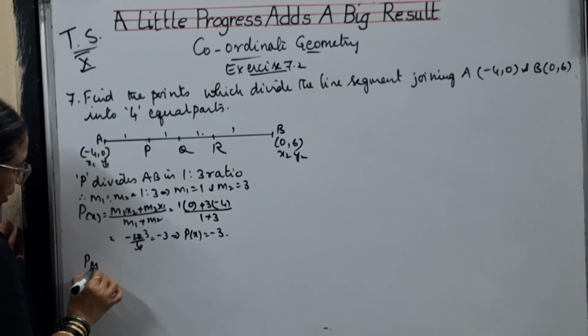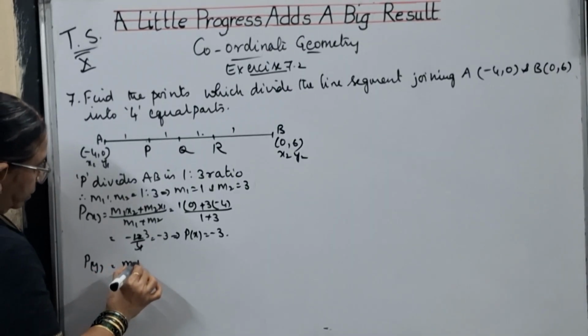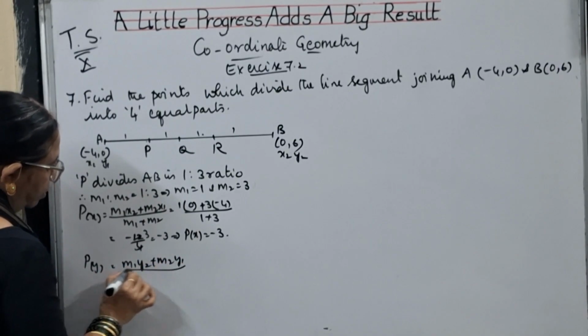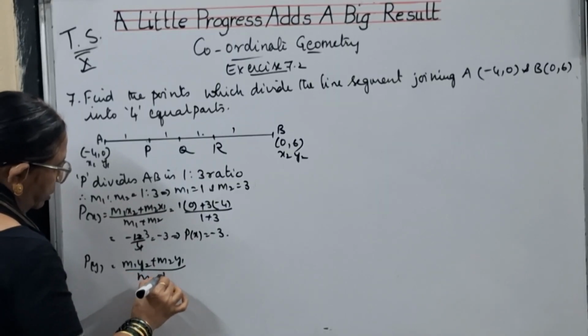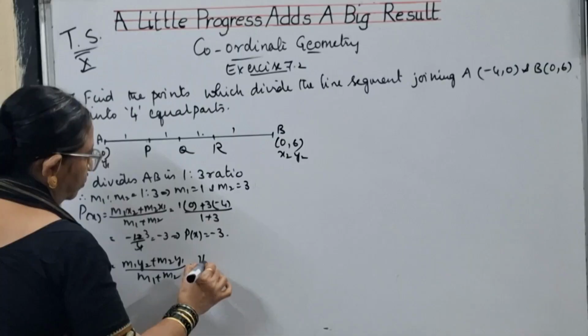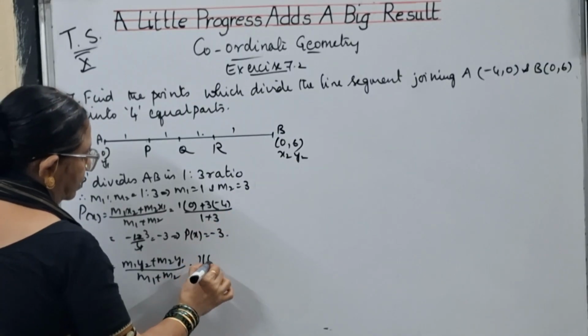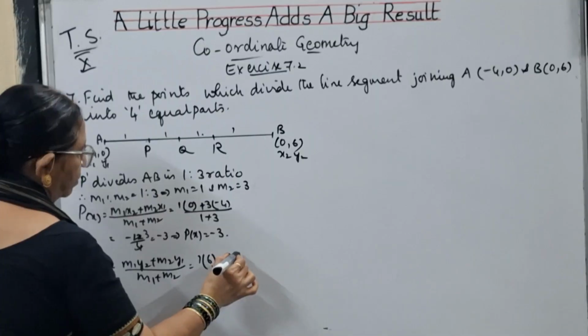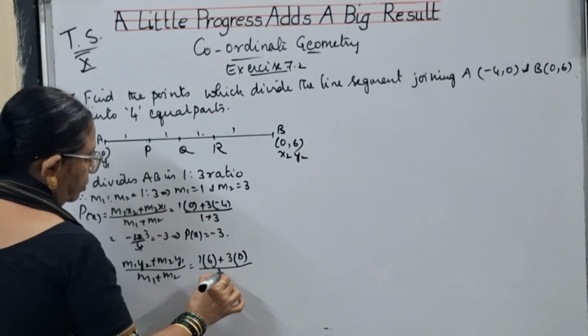Now, P of y, (m1 y2 + m2 y1) by (m1 + m2). That is m1, 1 into y2, y2 is 6, plus m2, 3, y1 is 0, by 1 plus 3.